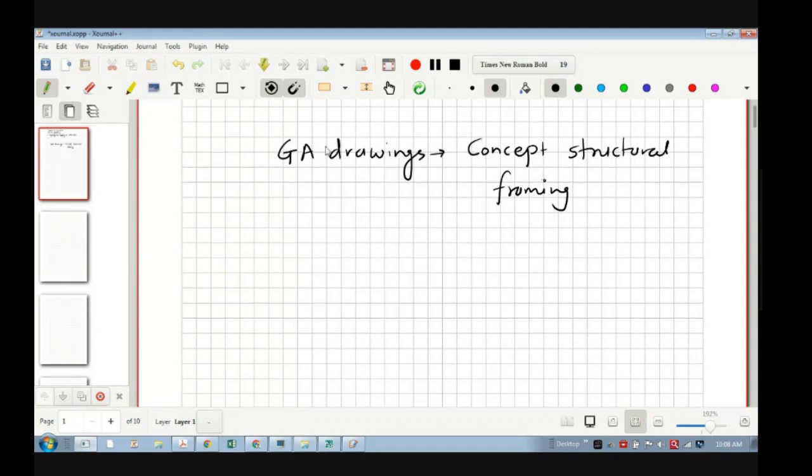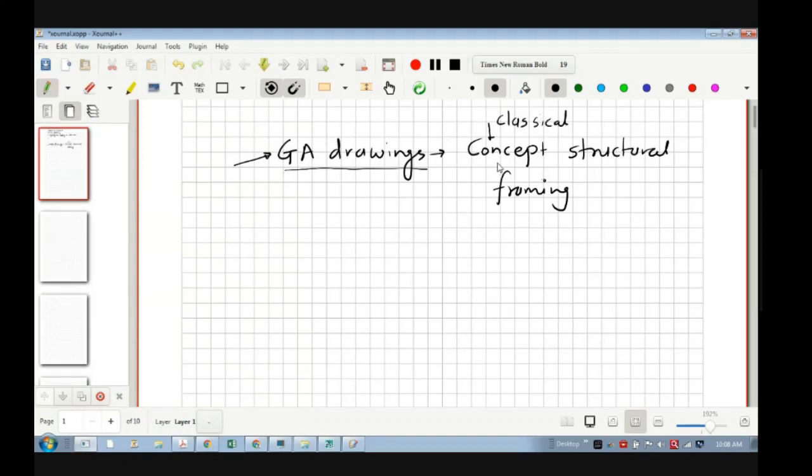But this is generally a topic which requires a lot of practice on different plans. So if you have the practice of preparing GA drawings on different plans, and if you select many projects to do that, then definitely this concept will be clear, because this is a very classical part, which requires experience, then practice, and basic concept understanding.